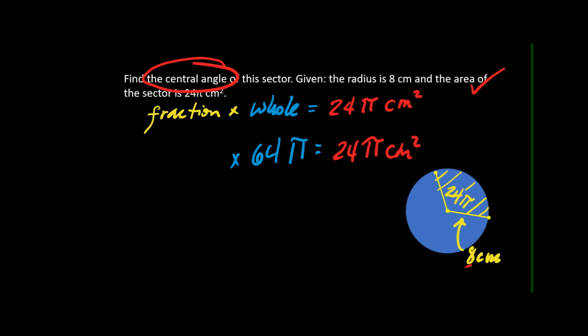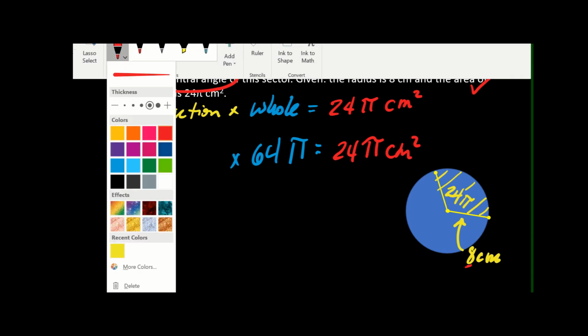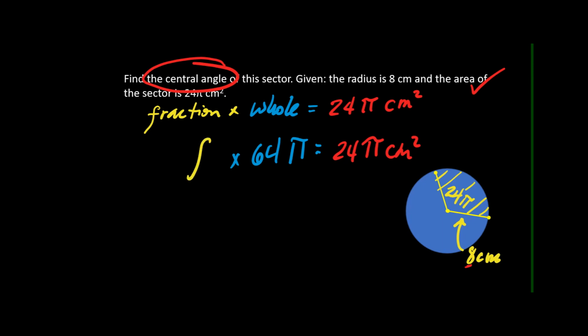Well, we don't know. How do you solve for f here? I'll put f for fraction over here. So fraction times the whole gives us that. Well, we're just going to do a little algebra, right? We're going to divide both sides by 64 pi, and that's our fraction right there.